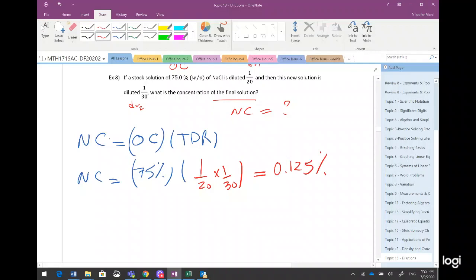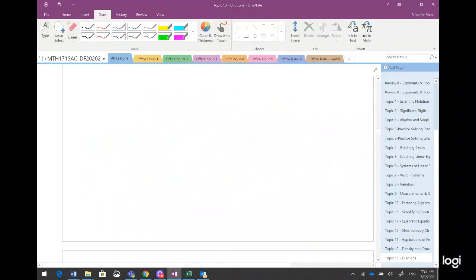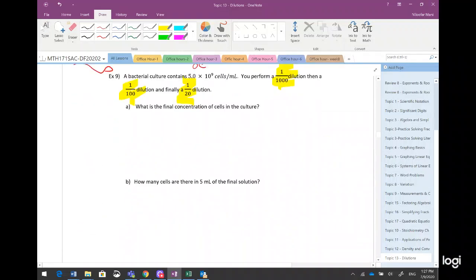Remember, when I keep the percent here, this will be percent. But if I change it to 0.75, then I need to multiply by 100 to get the new concentration. This is the new concentration here. Make sure to show me the unit. Make sure to write a conclusion sentence. If you are doing a lab report, it's very important that you are able to explain what's going on. Now you can continue to the next question.